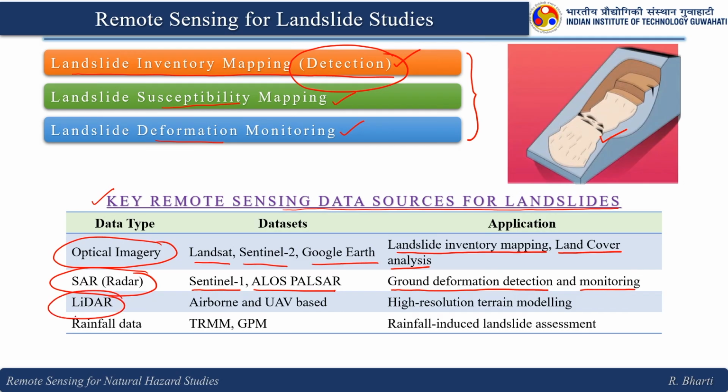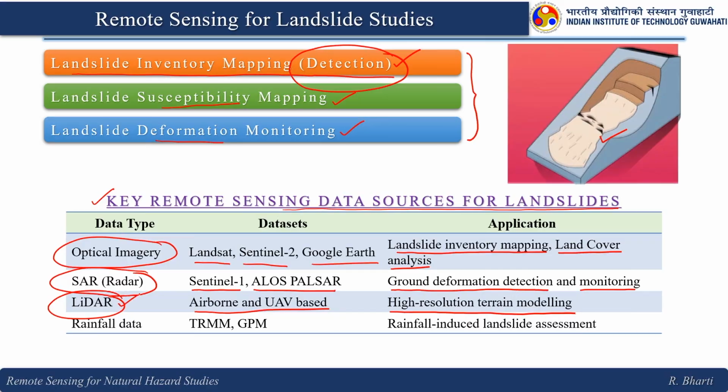Then comes the LiDAR. Here the airborne and UAV based LiDARs are available. So, here you can go for high resolution terrain modeling. That is important when you are going for very small scale landslides where you need very minute detail about the topography. The digital elevation model available in the public domain at 30 meter or 20 meter resolution, if it is not useful, then you have to go for the LiDAR.